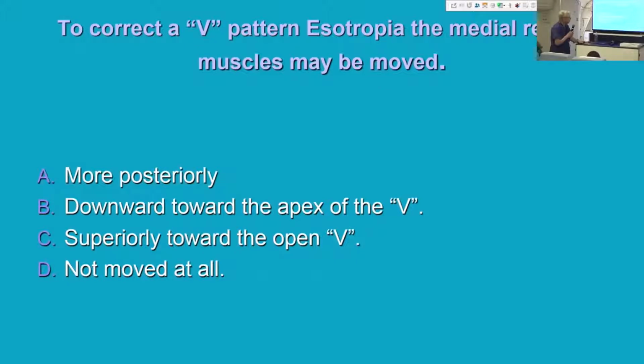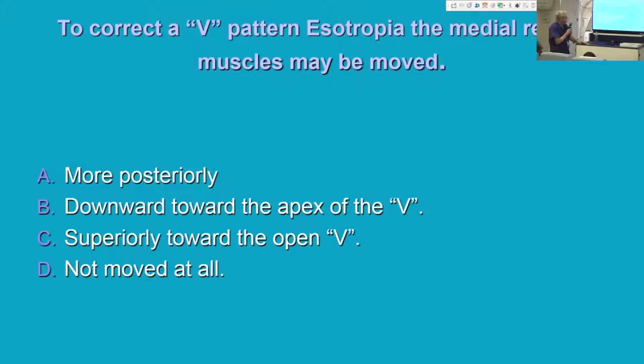Now, to correct a V pattern esotropia, and by V pattern we mean that the strabismus is more divergent in upgaze. You could have an increased exotropia in upgaze, or a lesser esotropia in upgaze than you do in downgaze, and that causes the V pattern.